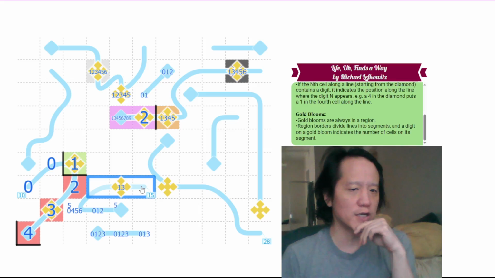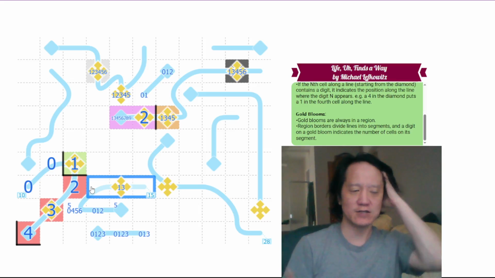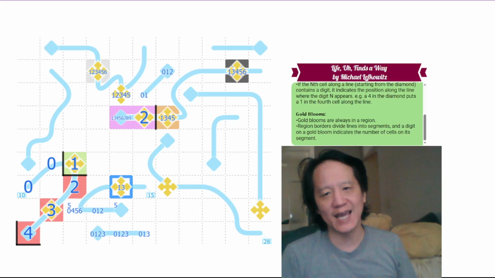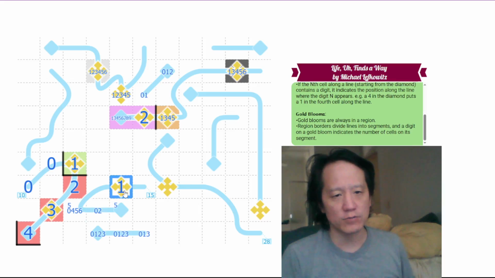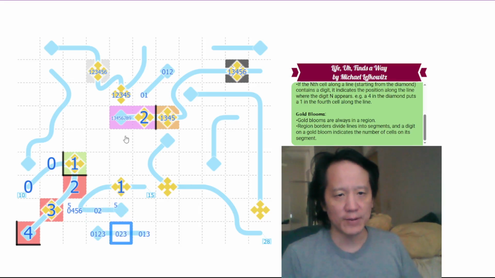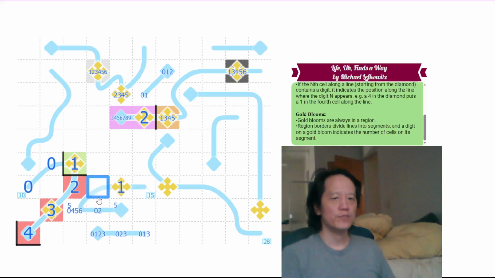So 3 has to be that way, but the problem is that would force 4, 5, and 6 to be on the line. 3, 4, 5, 6 doesn't add up to 15. So this can't be 3. This has to be a 1 here, which eliminates 1 in the rest of the region. This can't be 1 anymore because of the 1 in the row.